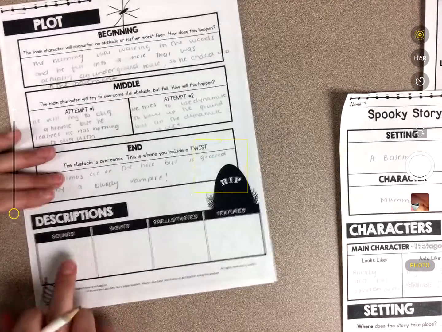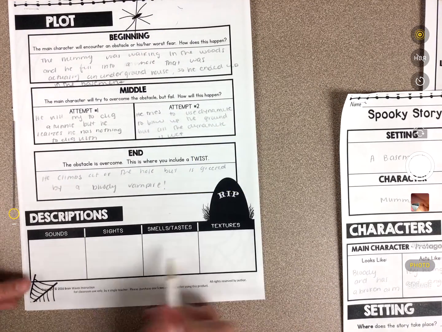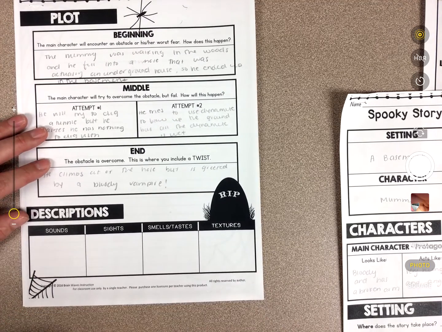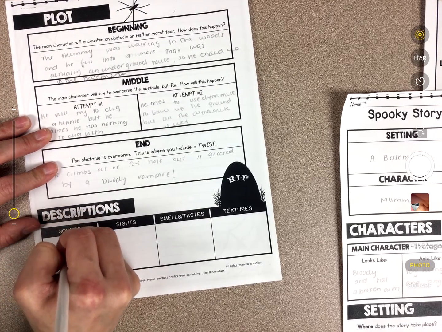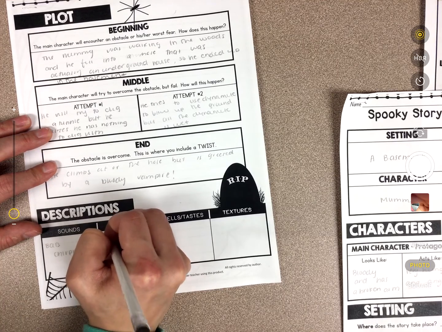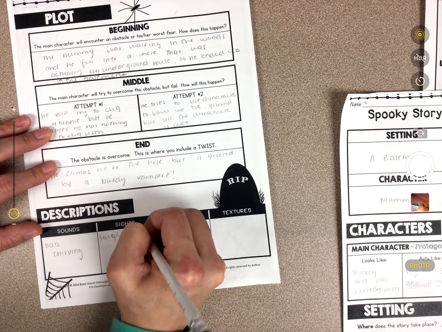So now it wants to know some descriptions: some sounds they might hear, some sights they might see, some smells and tastes, and some textures. We'll say sounds. We'll hear bats chirping. We'll see large animals.